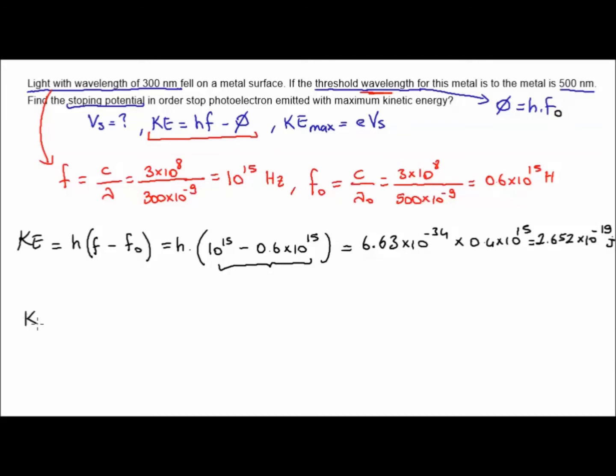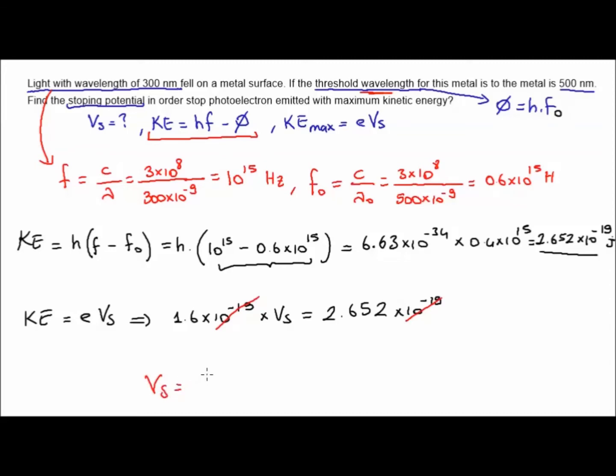And Ke equals eVs, and e is the charge of the electron, 1.6 times 10 to the power of negative 19, times Vs equals this value, 2.652 times 10 to minus 19, and 10 to minus 19, 10 to minus 19 going to cancel each other.